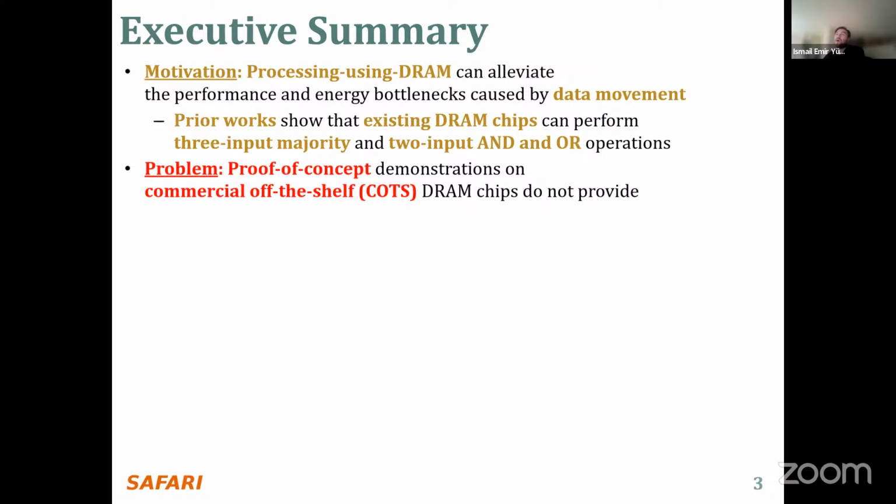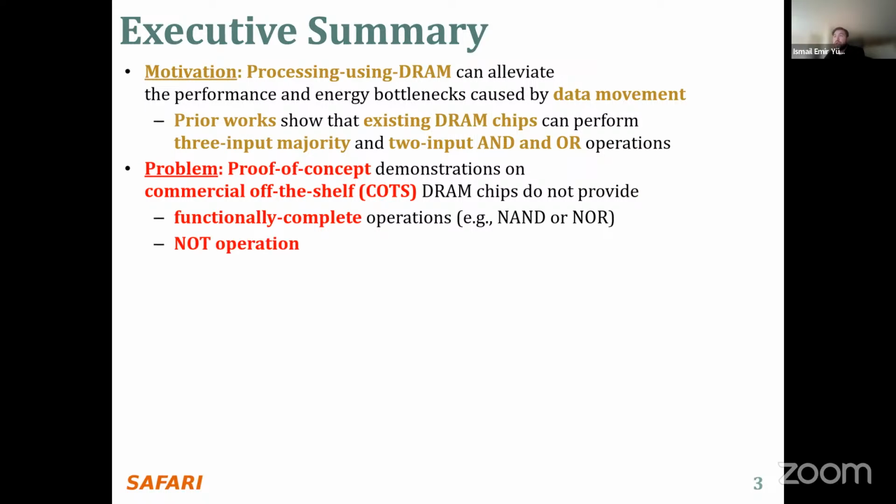But the problem is that these proof-of-concept demonstrations on off-the-shelf DRAM chips do not provide functionally complete operations such as NAND or NOR, NOT operation, and more than 2-input AND and OR operations.